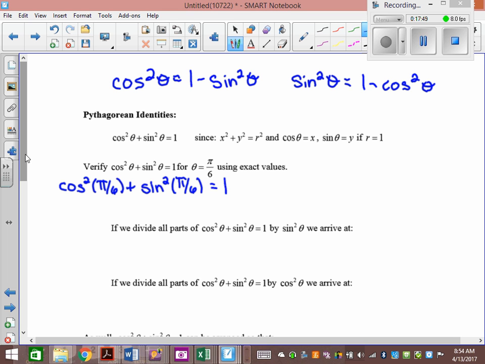So what's cos of pi over 6? Root 3 over 2? And then we have to square it, because they want cos of pi over 6 squared. And then sine of pi over 6 is a half, squared.